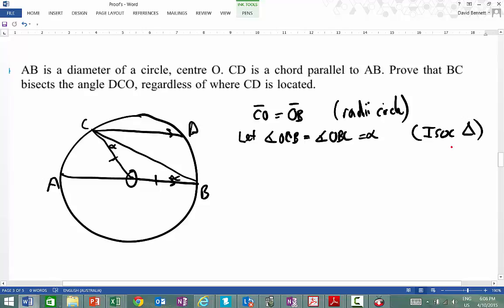And then what we could say is, we're being told that CD is parallel to AB, therefore angle DCB has to be equal to alpha, because they are a Z angle or alternate angle.